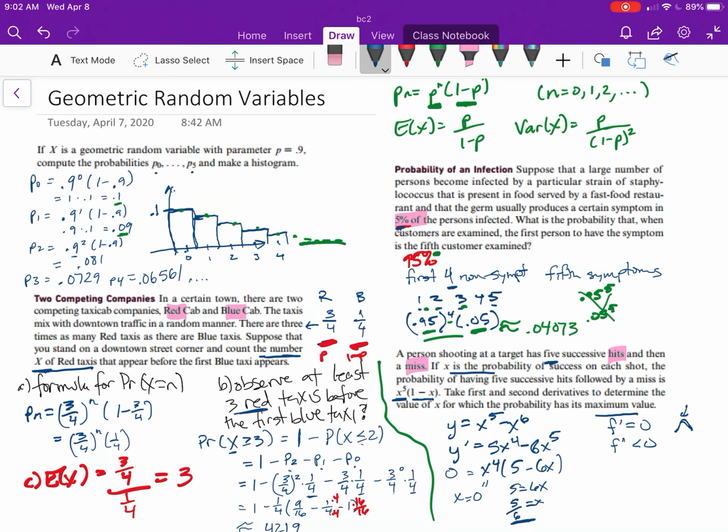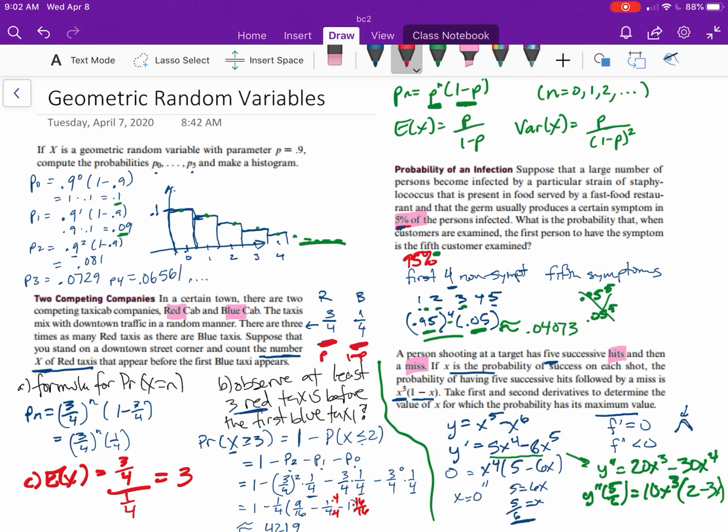But let's verify it. We need to know, is the second derivative negative at that point? So we'll look at this and do the second derivative. That's 20x to the third minus 30x to the fourth. I need to plug in 5/6. And I'm going to go in and factor that really quick, actually. If I do 10x to the third, I'd get 2 minus 3x. Why did I do that?